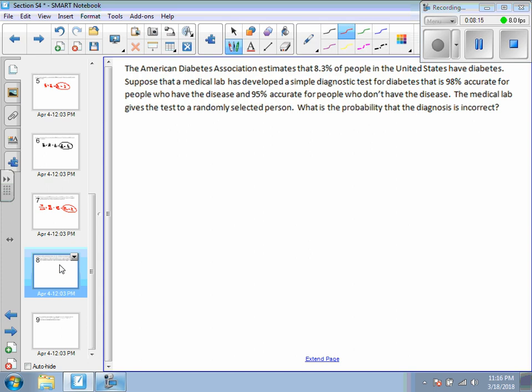All right, what we're going to do is find the probability of a correct diagnosis. And then we're going to use the complementary probability idea to find out the probability that it's incorrect. Now, there are 8.3% of people who have diabetes. That test is 98% accurate, so I'm going to multiply those two together.